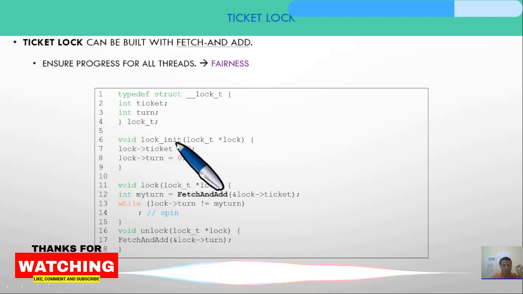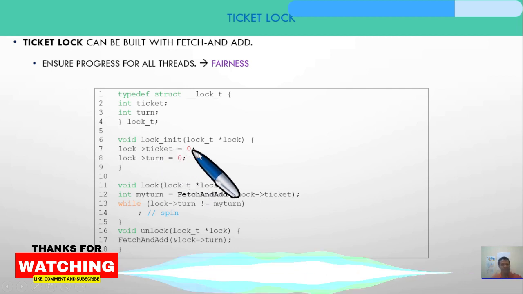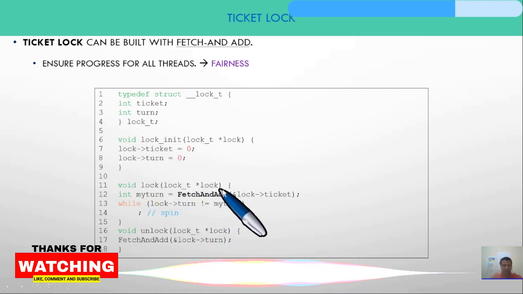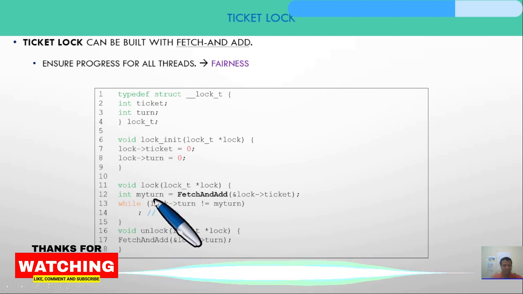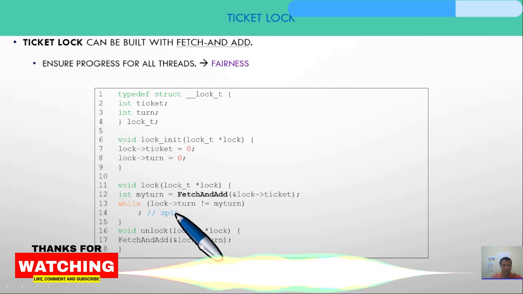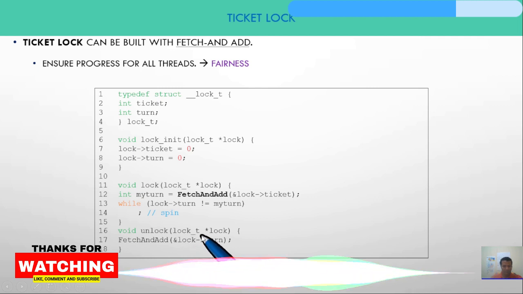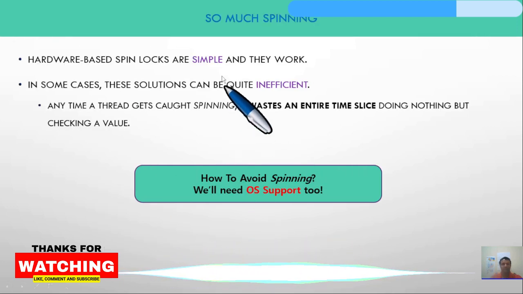In void lock_init, lock ticket is 0 and lock turn is 0. In void lock, int myturn is fetch-and-add on the ticket, and while lock turn is not myturn, spin here. Then unlock increments lock turn with fetch-and-add. So this is the syntax.